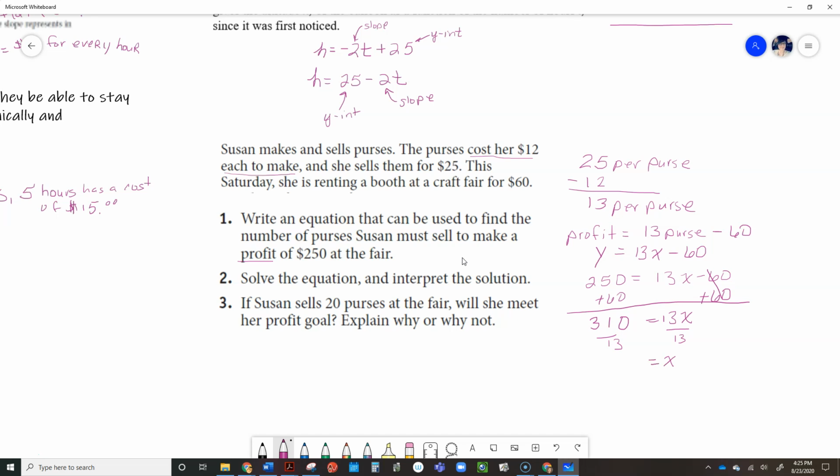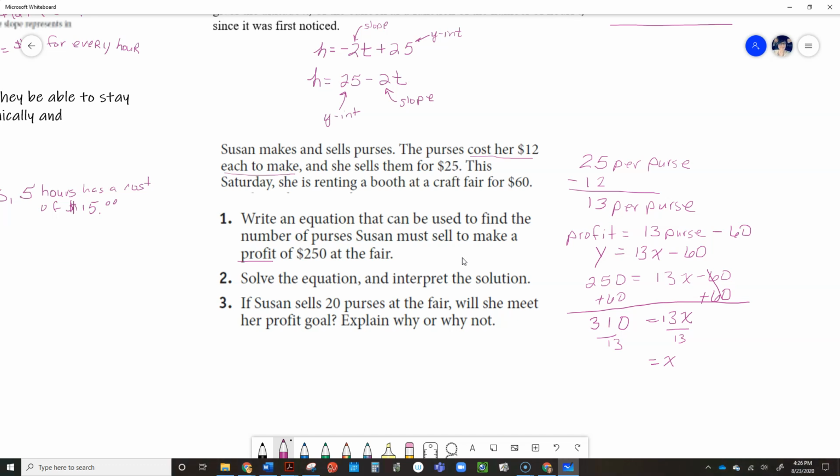Now we're talking about purses, and purses are tangible things, so we won't be able to sell a half. So if 13 doesn't go into 310 evenly, then we may have to adjust our answer.